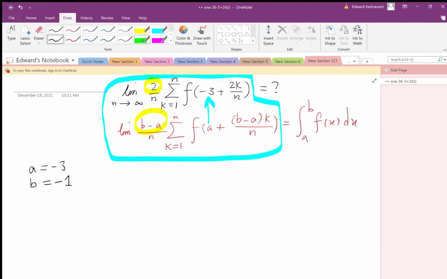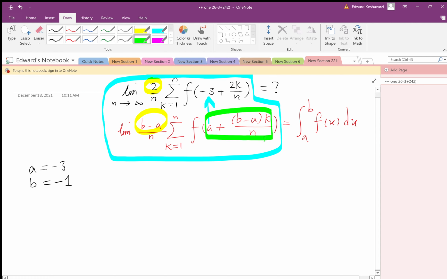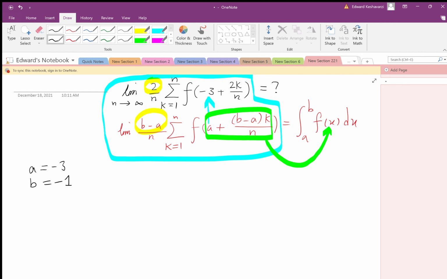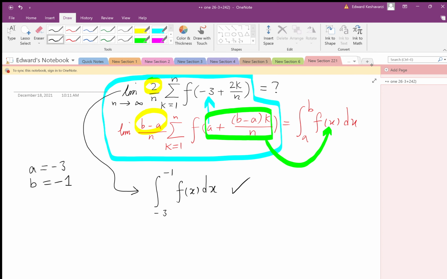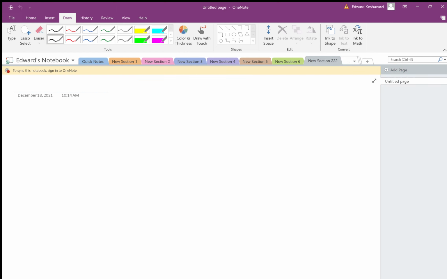And also, this green part all together becomes x. Therefore, what we are looking for would be integral from -3 to -1 f of x dx. Of course, in this example, you are not given the equation of f of x. In the next example, we'll go deeper into it.